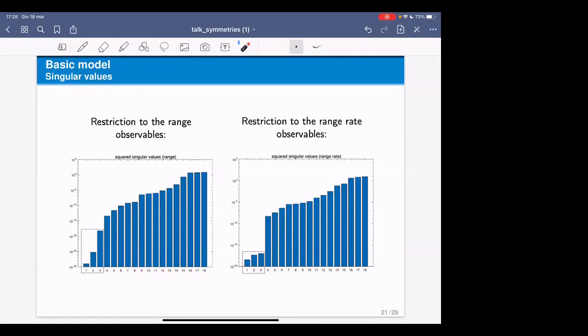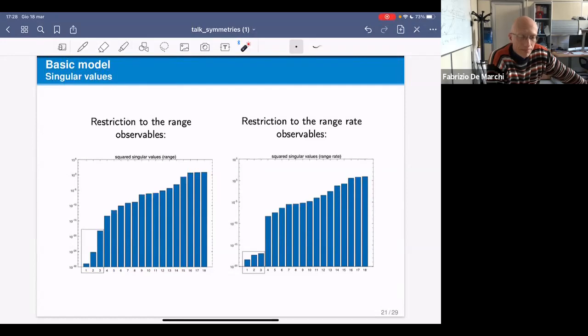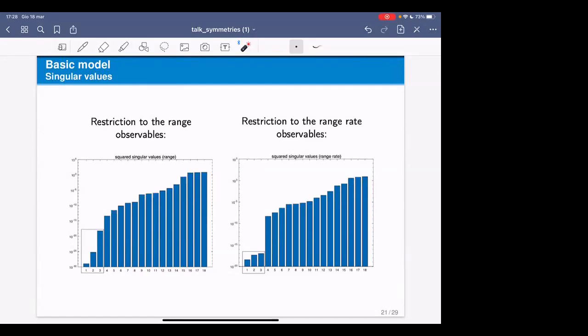If it had been there, we would have found a 4th small eigenvalue. But the reason is very simple, and we discussed this. BepiColombo has no angular observations, so there cannot be a scaling symmetry.